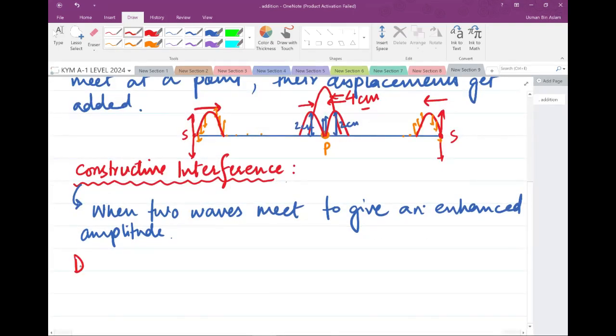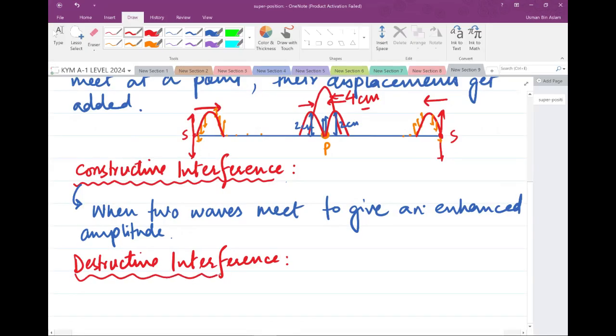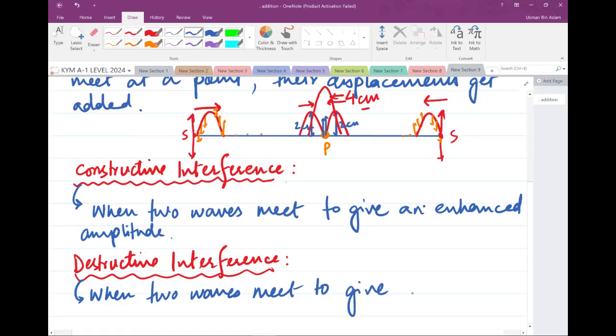And the opposite of that is destructive interference. When two waves meet to give, what should be the opposite for enhanced?